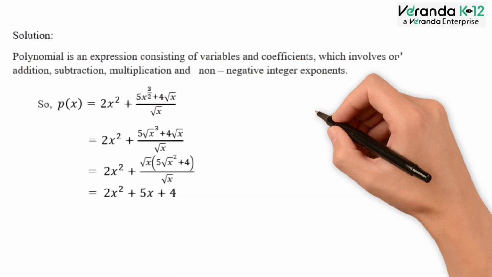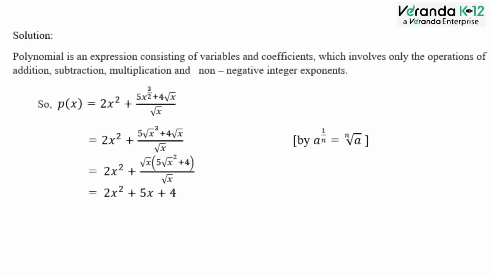Polynomial is an expression consisting of variables and coefficients which involves only the operation of addition, subtraction, multiplication and non-negative integral exponents. So if we take option A, 1 by x, which is a negative exponent. Option B, we have a denominator x, which denotes the negative exponent. Thus follows option C. So option D, p of x is equal to 2x squared plus 5x power 3 by 2 plus 4 root x by root x.